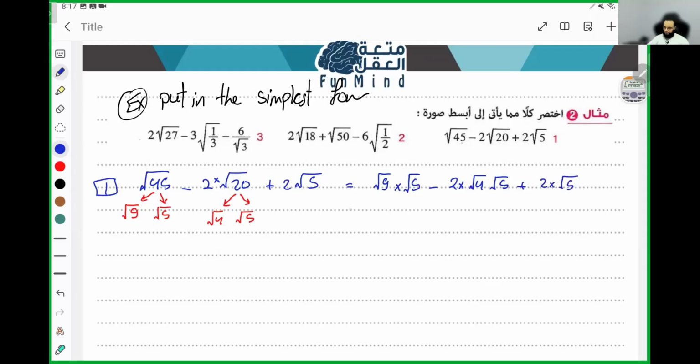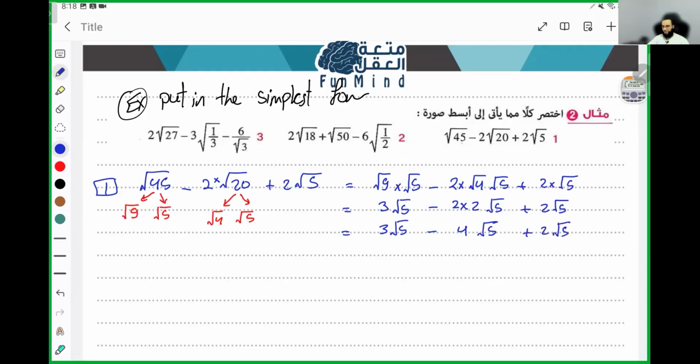Okay? Root 9 is 3, so 3 root 5. 2 times 2 root 5, that is 4 root 5. Plus 2 root 5.